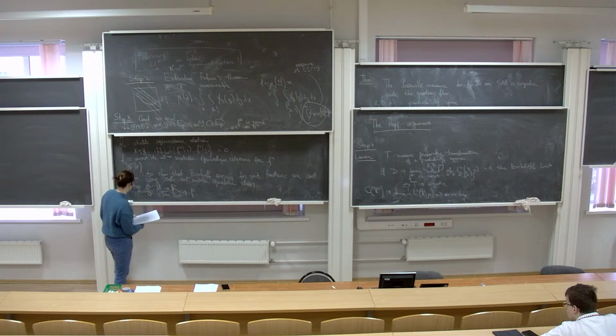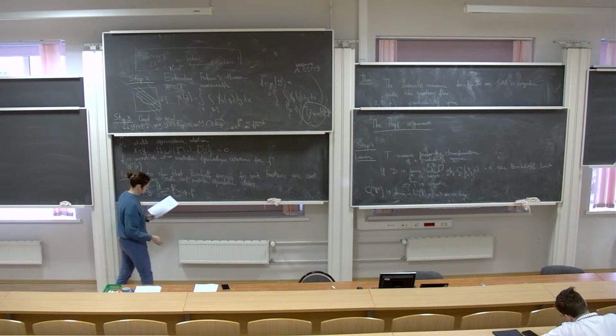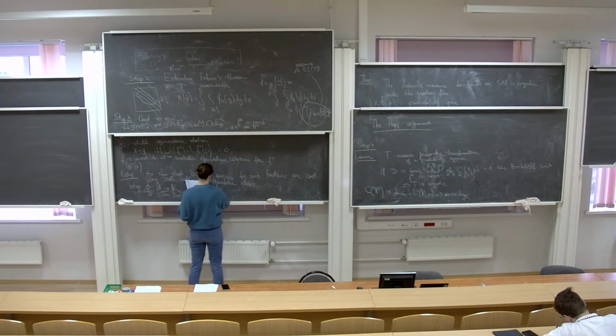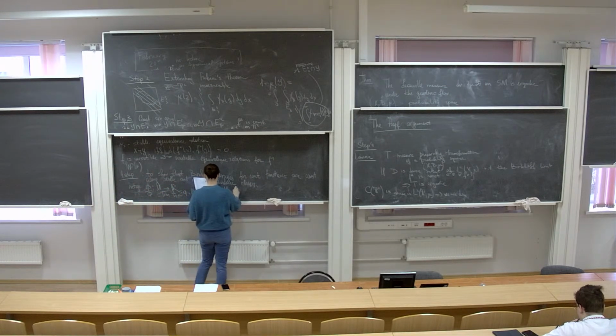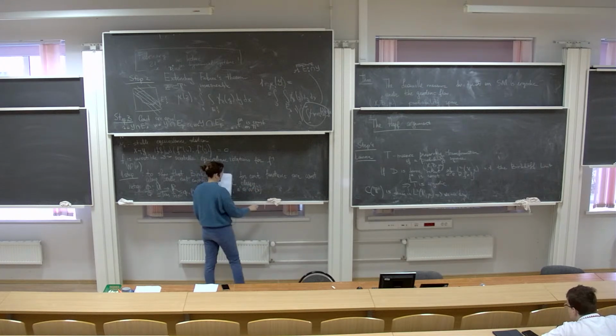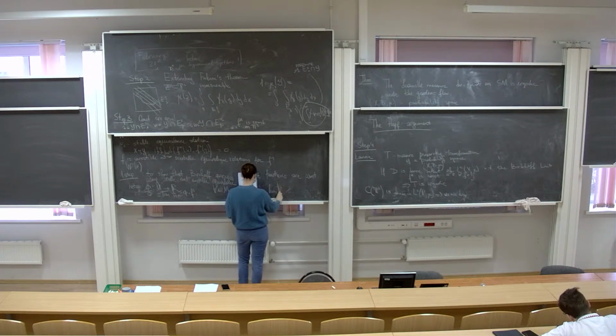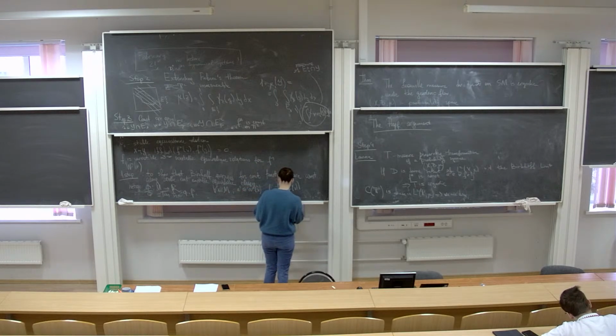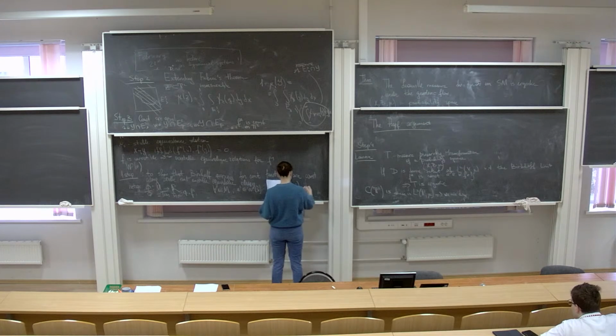And if phi is continuous, then we can be sure that for any x in M and x prime that lives in the stable class of x, the limit of the distance between phi(f^n(x)) and phi(f^n(x')) is equal to 0.